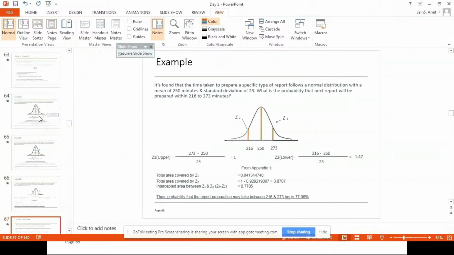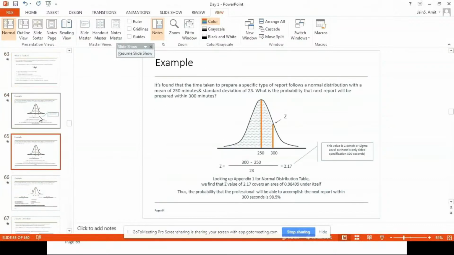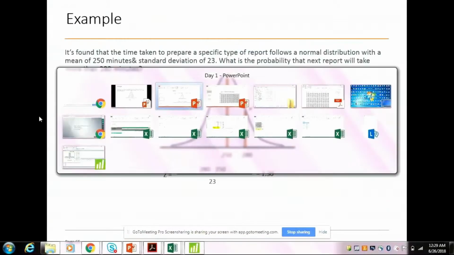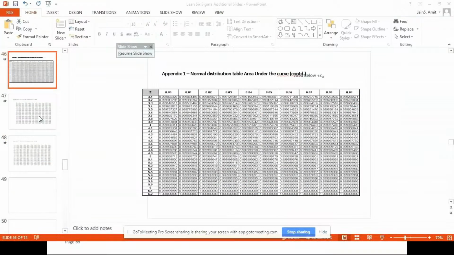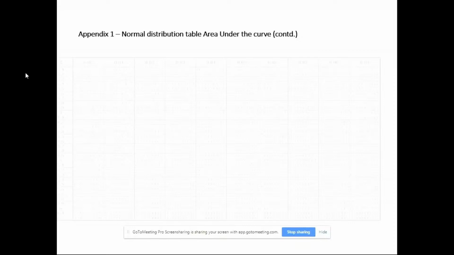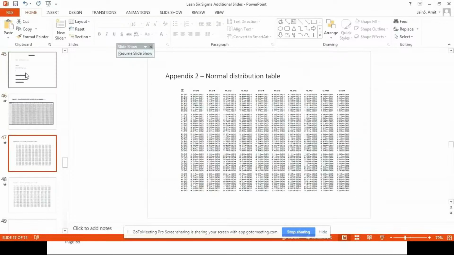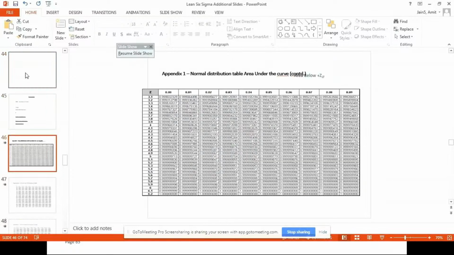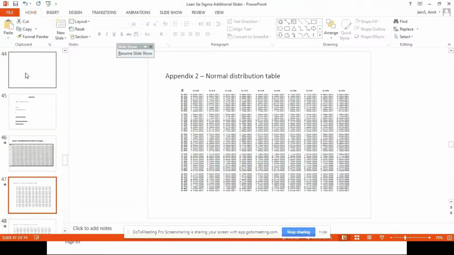I should have sent you the Z table as well. You would have made my job easier. Yeah, send me the Z table. I will. Just give me a second. I did not copy the right one.